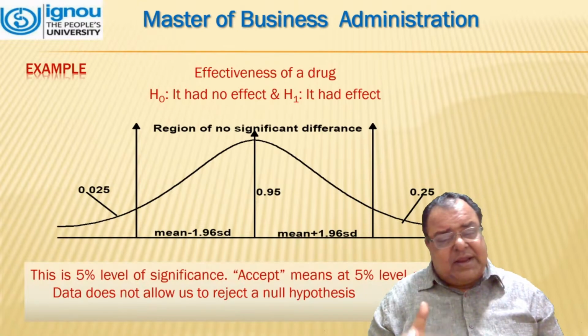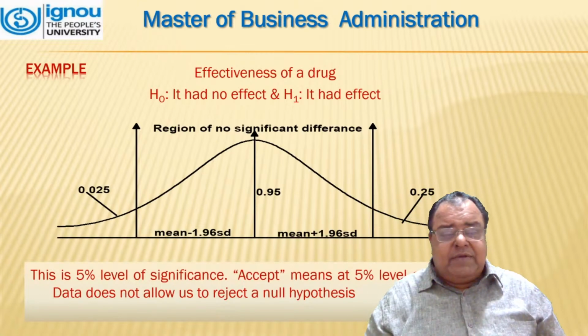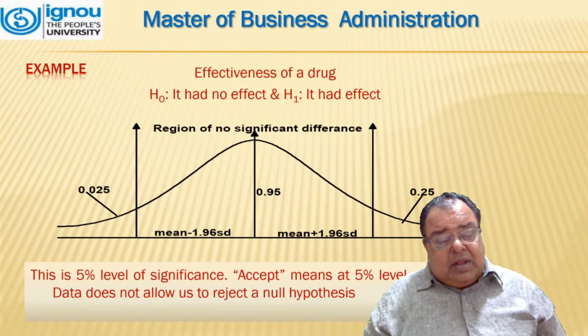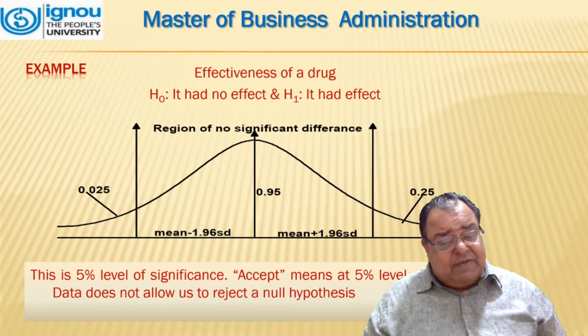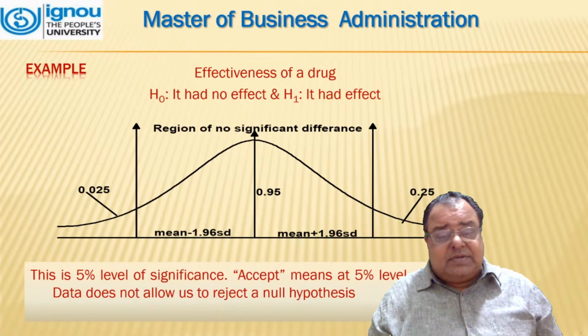Negative will be on the left side and positive will be on the right side. At the center, it will be 0.95. This region in between is the acceptable region. This is a 5% level of significance, and accept means the data does not allow us to reject a null hypothesis.